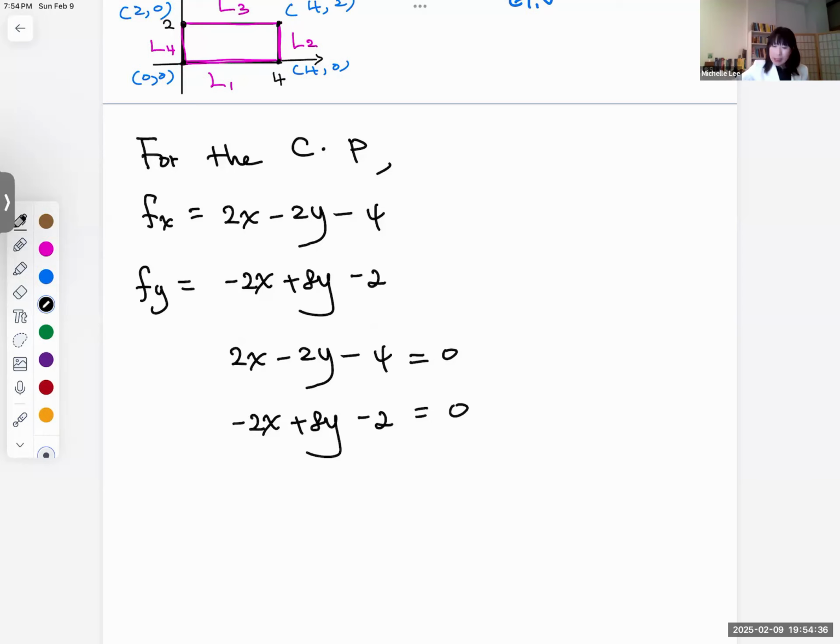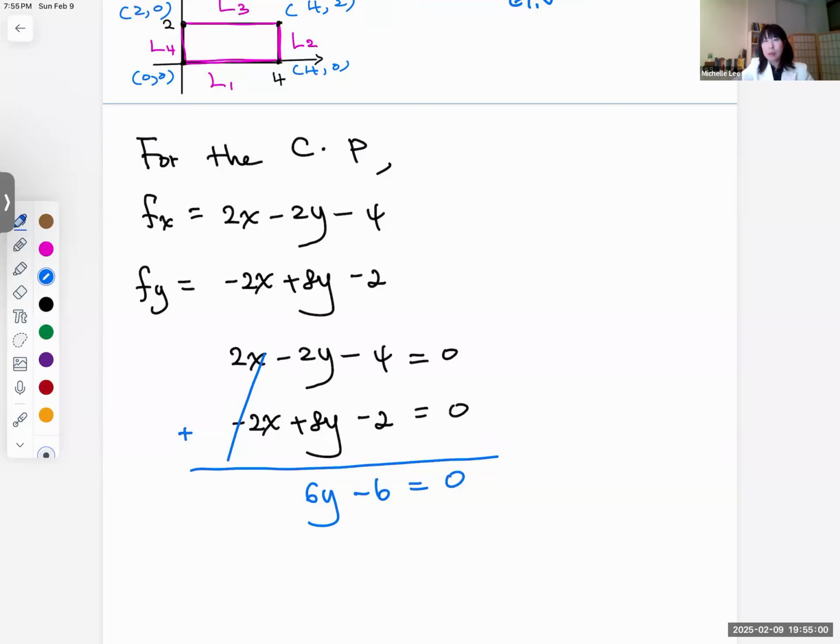Okay, so we can see easily, we can get rid of the x term, right? Just add them. So we get that. Then we get positive 6y and negative 6 equal to 0.